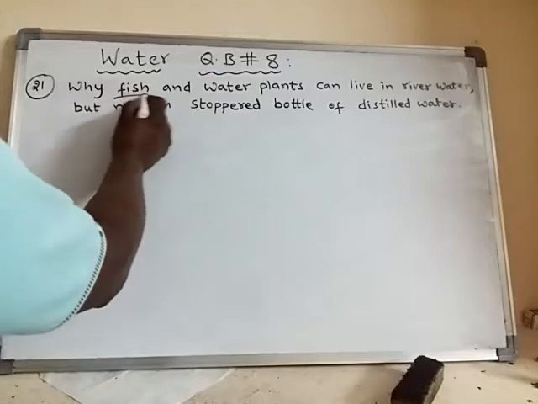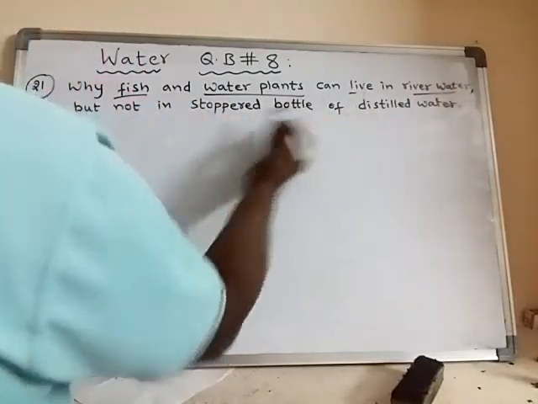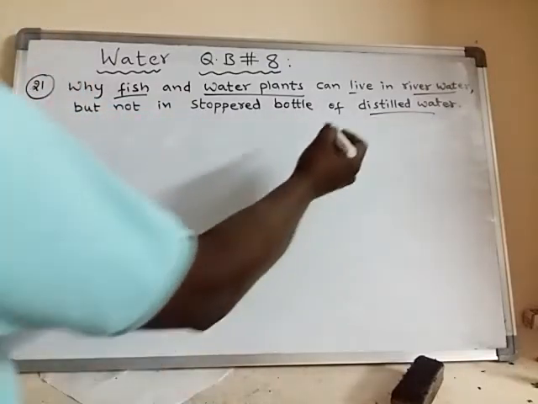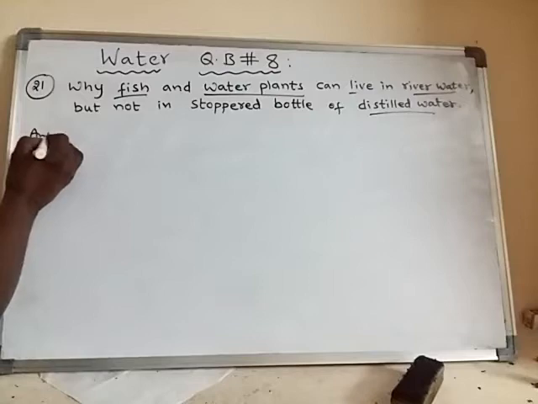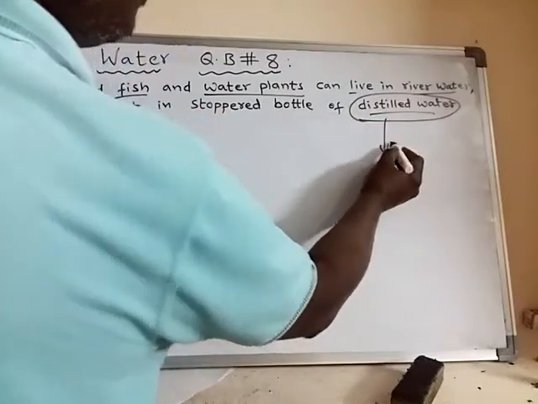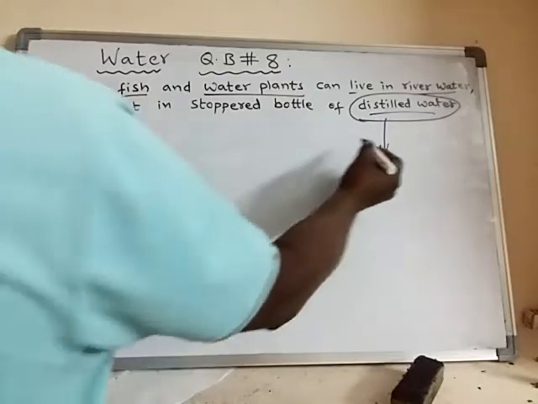So that means fish and water plants can live in river water, and they cannot live in distilled water. Why? To answer this question, we have to know that distilled water is the purest form of water, which does not contain any dissolved salts or dissolved gases.